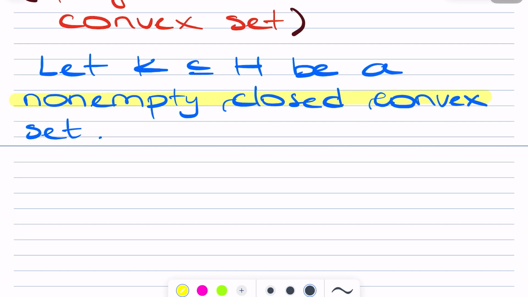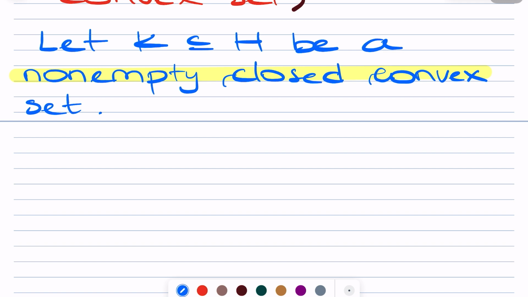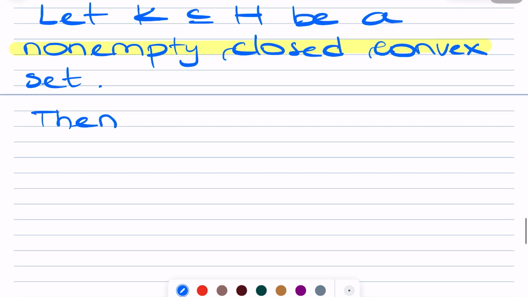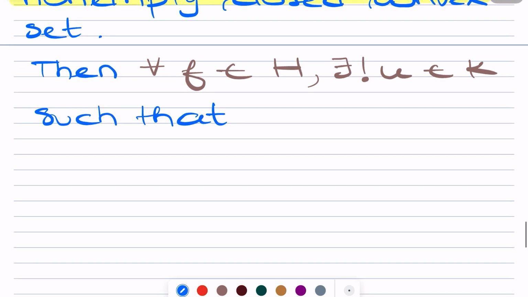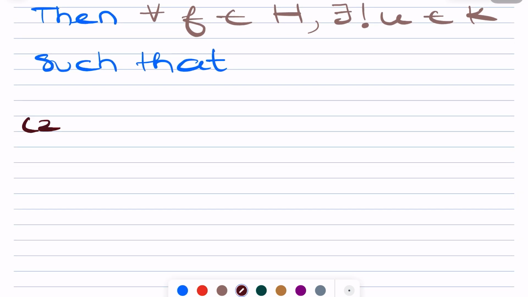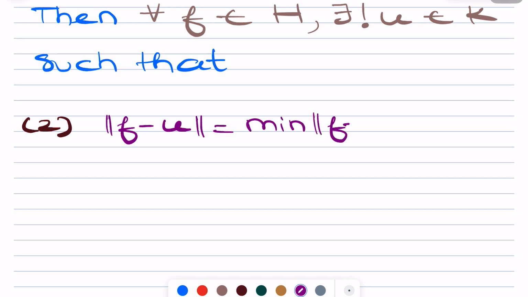Then for every f in H, there exists a unique u in K, let's call it relation 2, such that the norm of f minus u, or u minus f, it's actually the same, is equal to the min of the norm of f minus v.